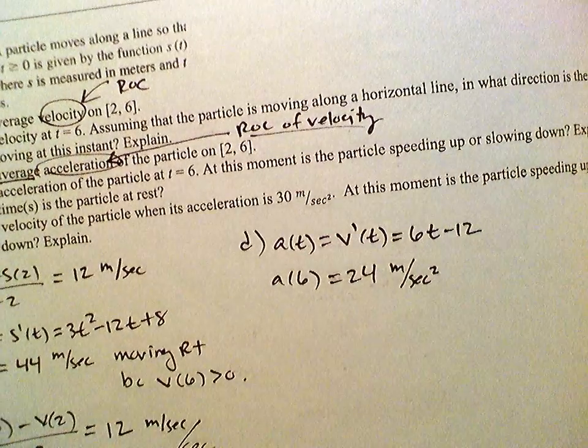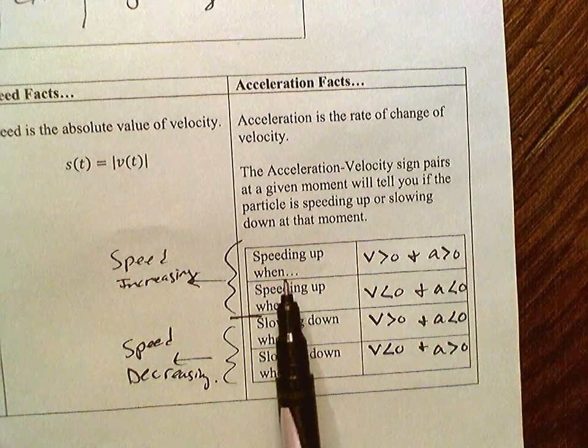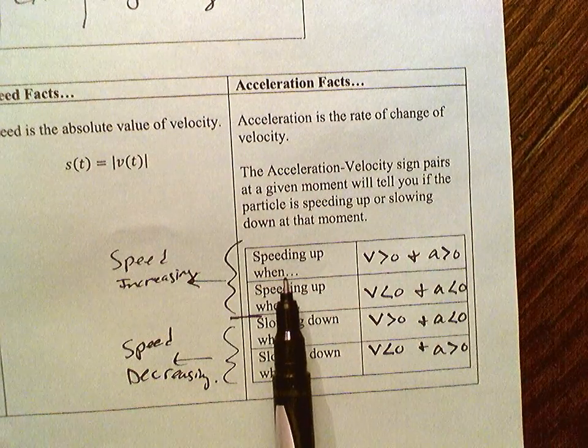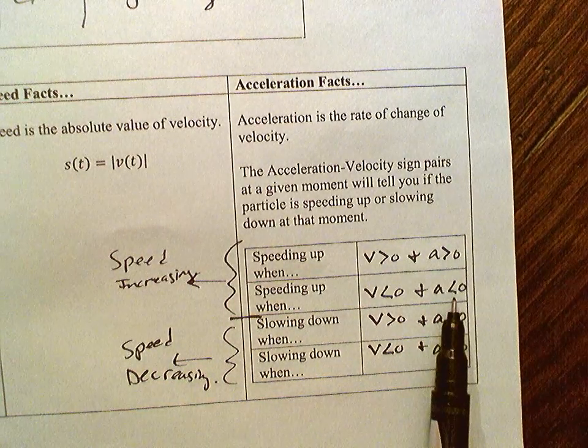And now it's asking, at this moment, is the particle speeding up or slowing down? Explain. Well, back to the front, we will be speeding up under two cases, if both v and a are positive or if both v and a are negative. So if they have the same sign, then we're speeding up.